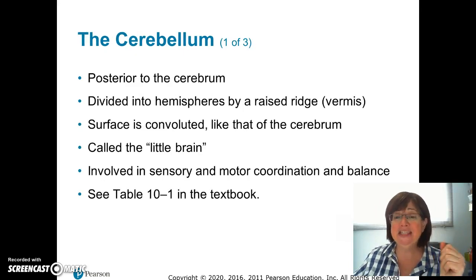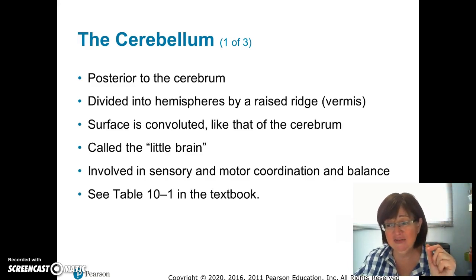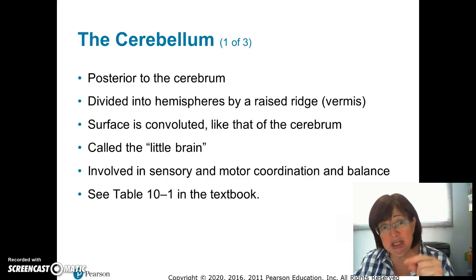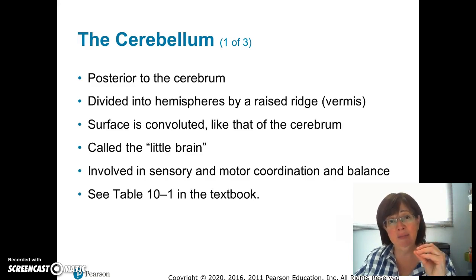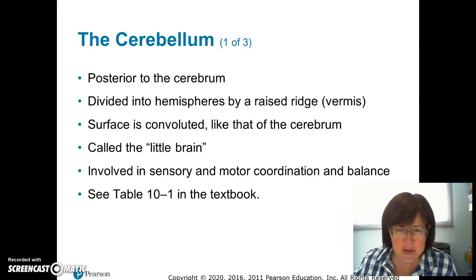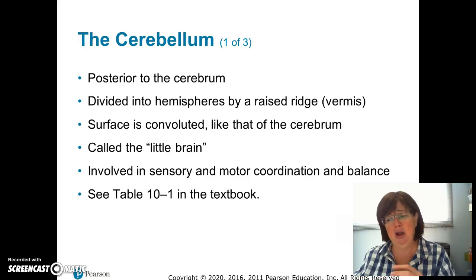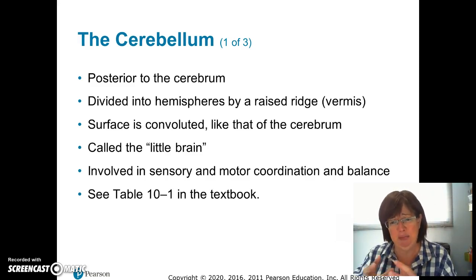Okay? The cerebellum. The cerebellum is divided into hemispheres. It's called the little brain, and it is involved in routine, repetitious information. So it's sensory, motor coordination, and balance. When you talk about muscle memory, you're talking about the areas put into your cerebellum.